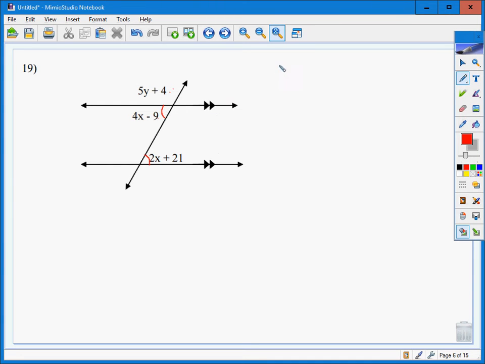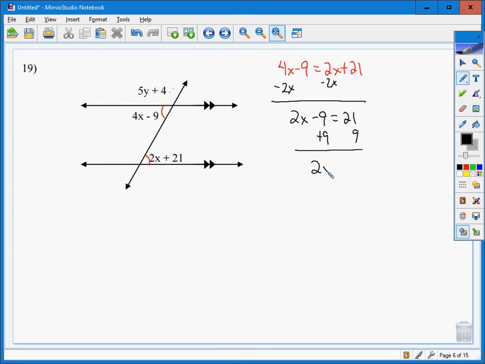Because these lines are parallel, 4x minus 9 is equal to 2x plus 21. If I solve this now for x, I have 2x minus 9 equals 21. Adding 9 to both sides, I have 2x equals 30. And dividing by 2, I get x is equal to 15.